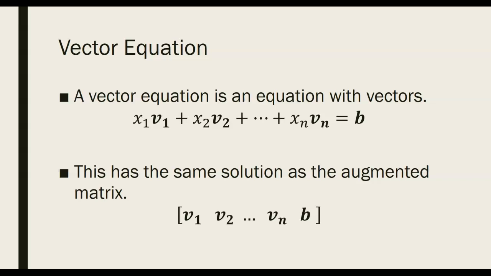So whenever we're finding solutions to vector equations, we can do so in the same way we did in section 1.2. That is, associate an augmented matrix with it, and then put that augmented matrix in row reduced echelon form. Okay?